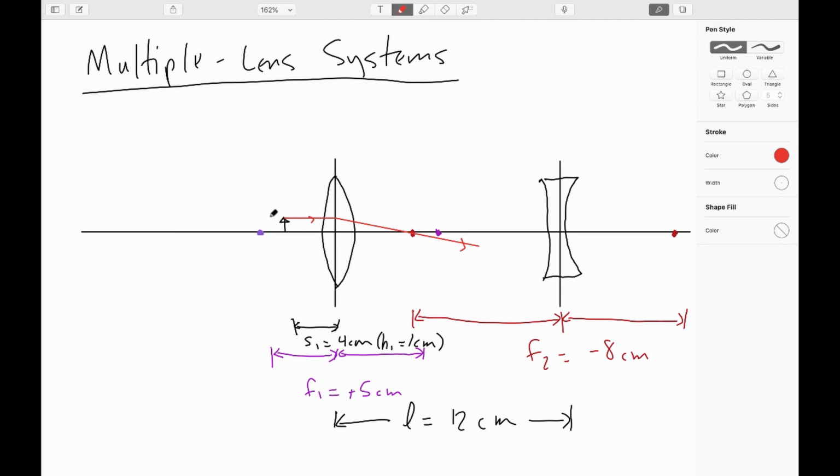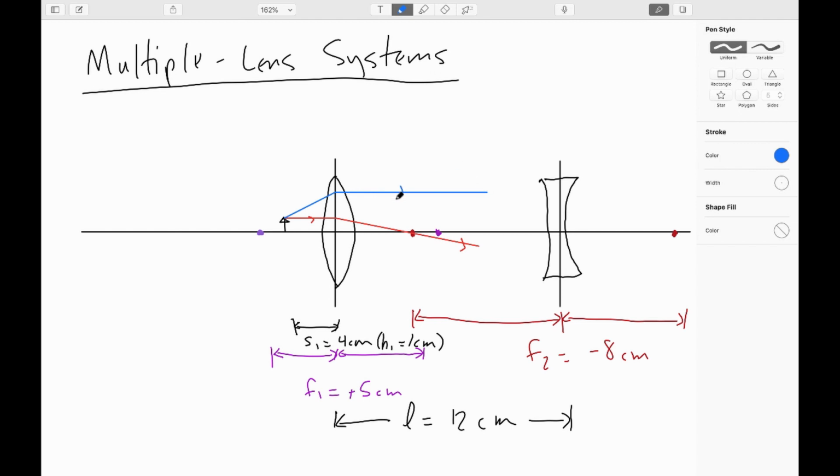That would be the ray that is aimed from the focal point, like so. Hits the, whoops, wrong color. There we go. So that would be the ray coming from the focal point, goes to the principal plane, comes out parallel.